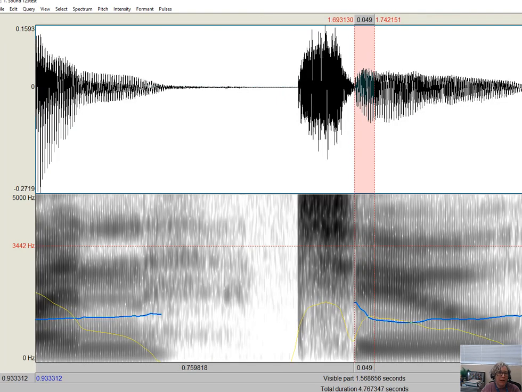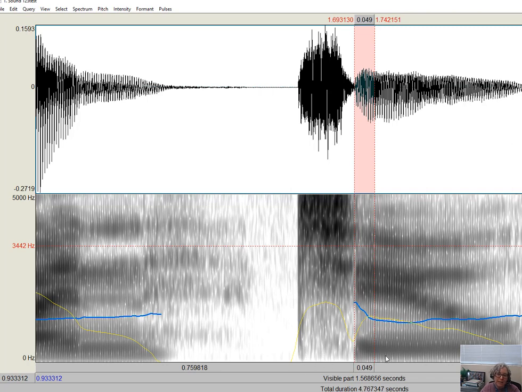So I'm going back to that. Again, we're at the word to. And I want you to think about the waveform, the shape of the vowels, and also look at this spectrogram. In this case, you can tell that this is a stop T. So the air has stopped. There's no voicing.